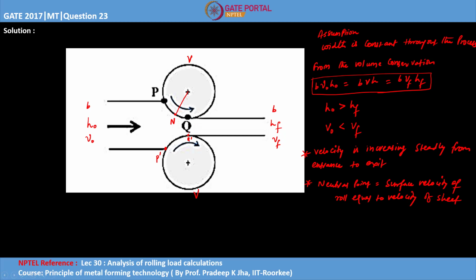Now if you consider the force balance, at any point, what are the forces which are acting? Let's say this is the point which I am considering. There will be a normal force, given by Fn, and there will be a tangential force, given by Ft. This normal force is exerted by the roll, and this tangential force is nothing but our frictional force.